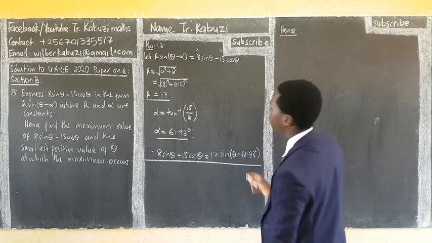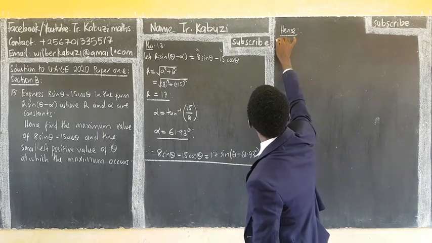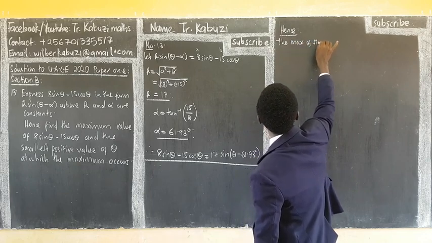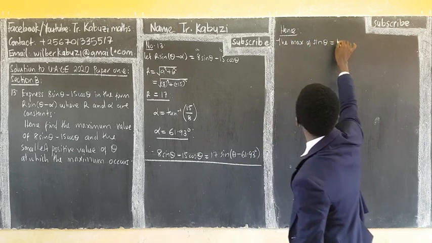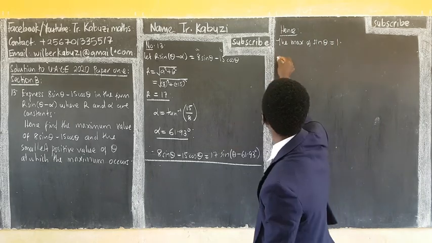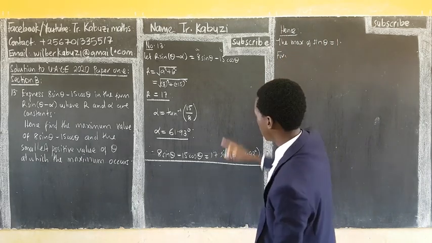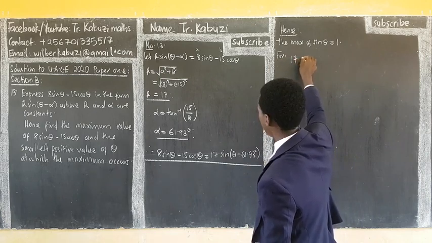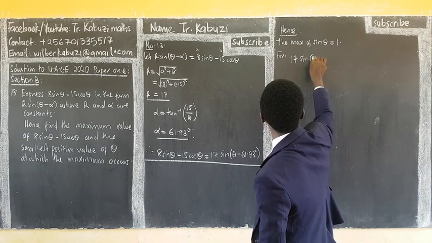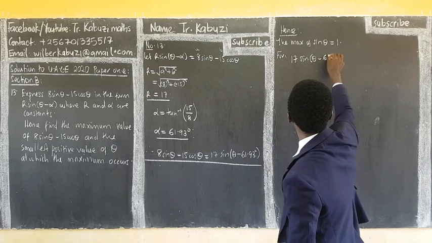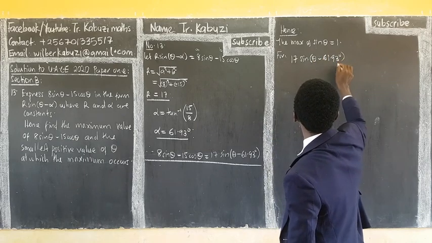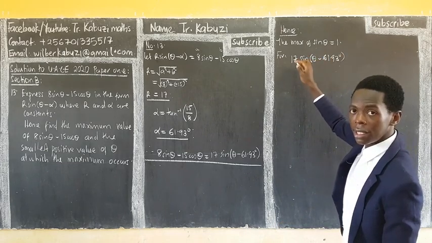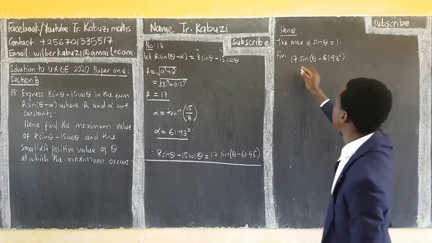The max of sine theta is equal to 1. But now, for the whole of this, 17 sine of theta minus 61.93 degrees, for the sine, the sine of the whole of this is going to be 1.